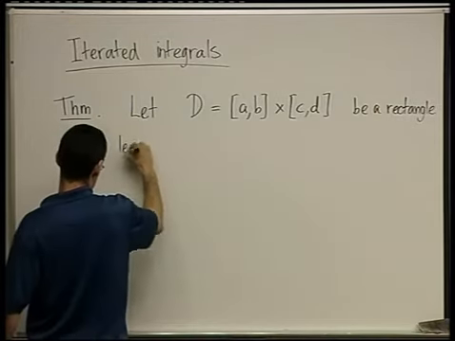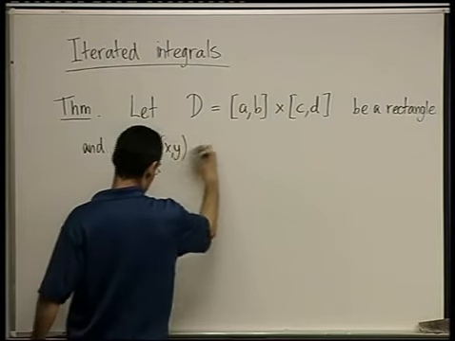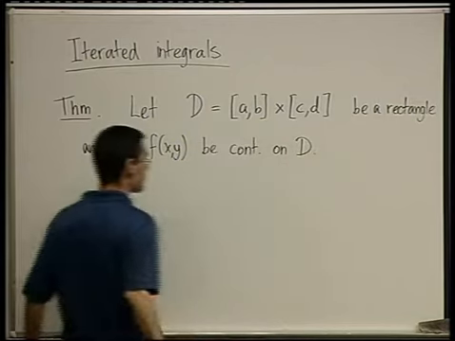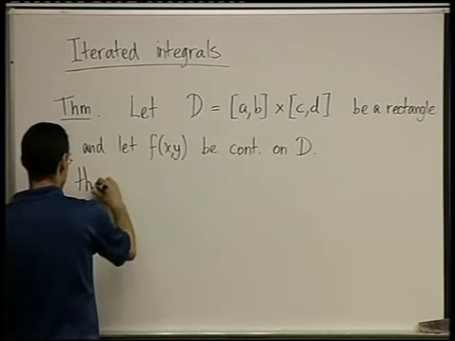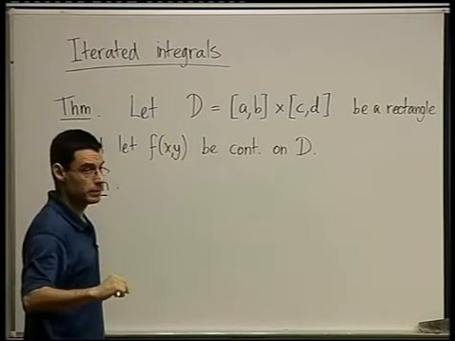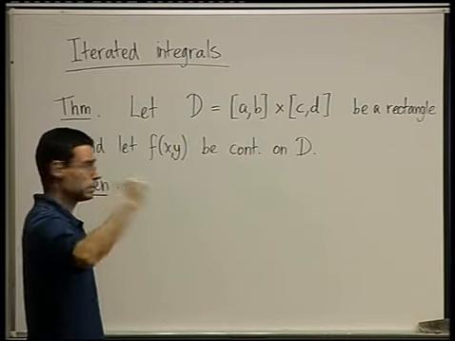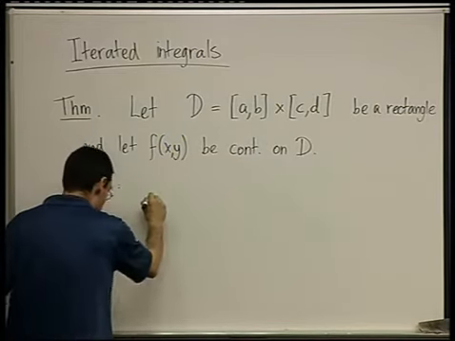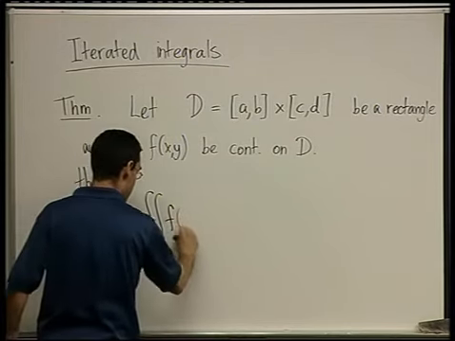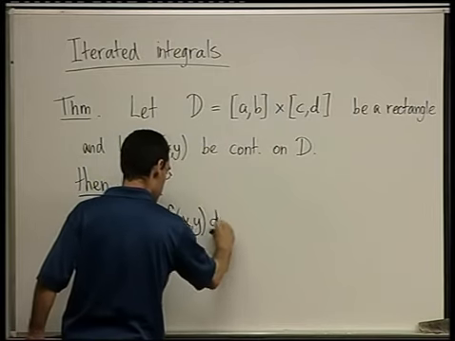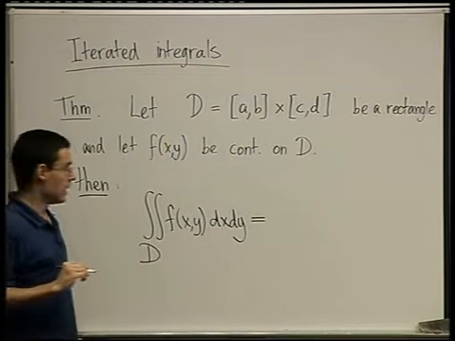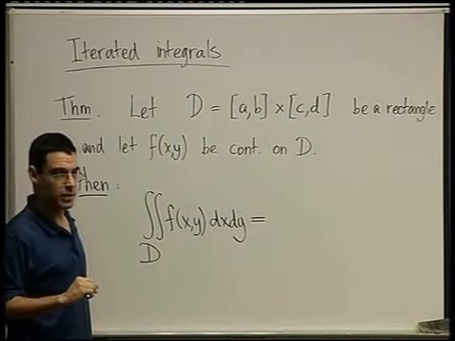So let D be a rectangle, and let f be continuous on D. Then, can you sound the trumpets, please? Here it comes. Ready? The double integral over D of f(x,y) dx dy equals, let's take a short 5-minute break for commercials.